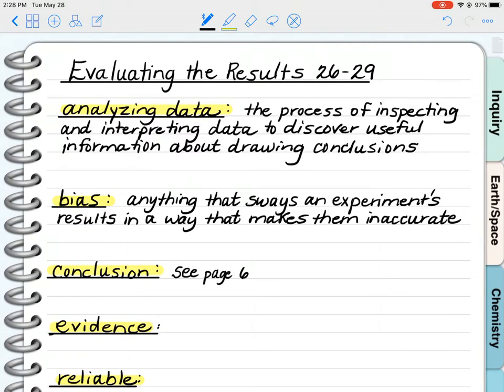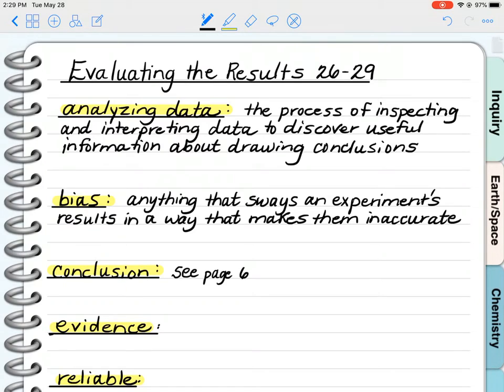So to give you a very simple example, let's suppose that I'm doing an experiment on what kind of ice cream people prefer. And they can choose from strawberry, vanilla, and chocolate. So I'm doing just a basic survey on which type of ice cream they prefer. And I personally happen to hate strawberry ice cream. I just think it's nasty. I don't want it. I don't like it.